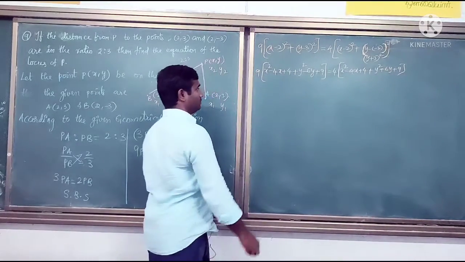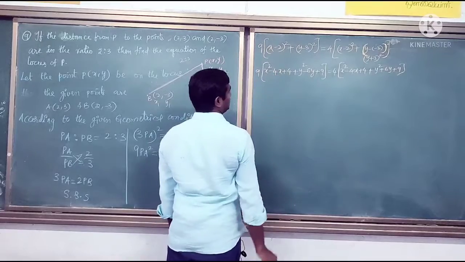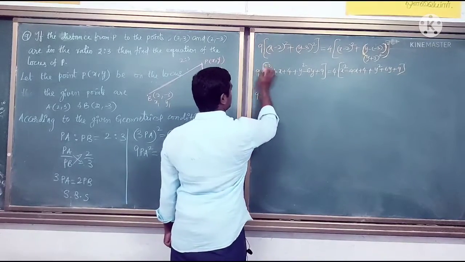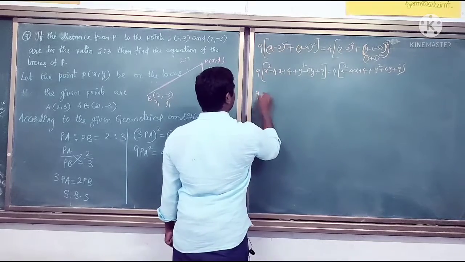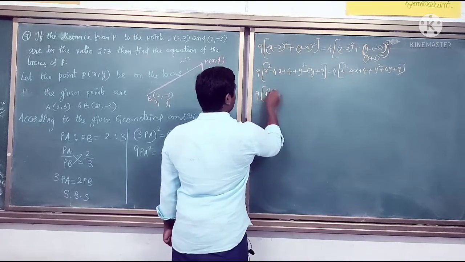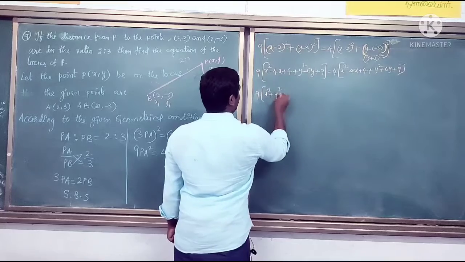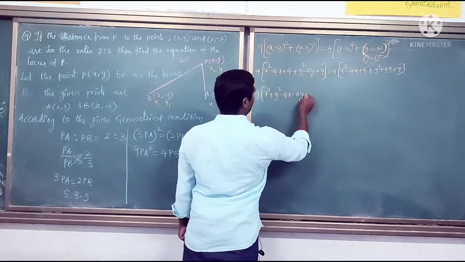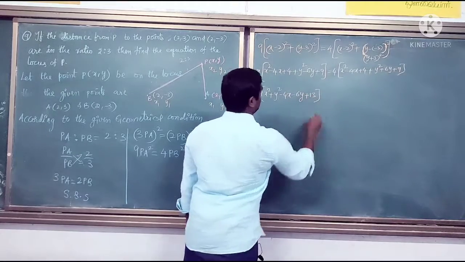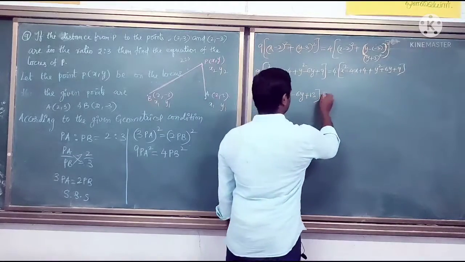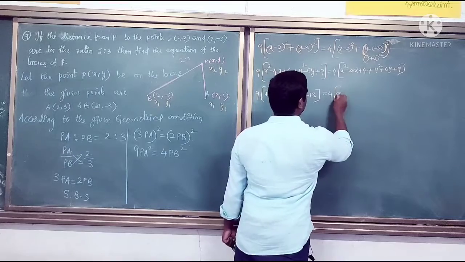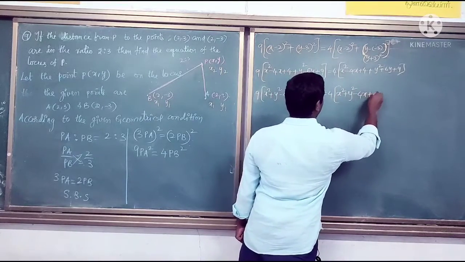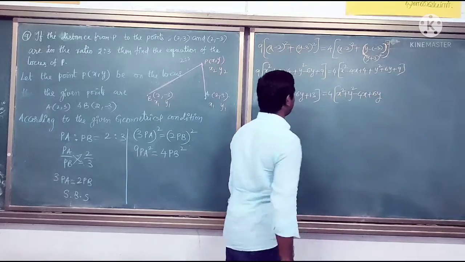Now multiply the 9 inside: 9 into x square plus y square minus 4x minus 6y, with 4 plus 9 is 13, equal to 4 into x square plus y square minus 4x plus 6y plus 13.